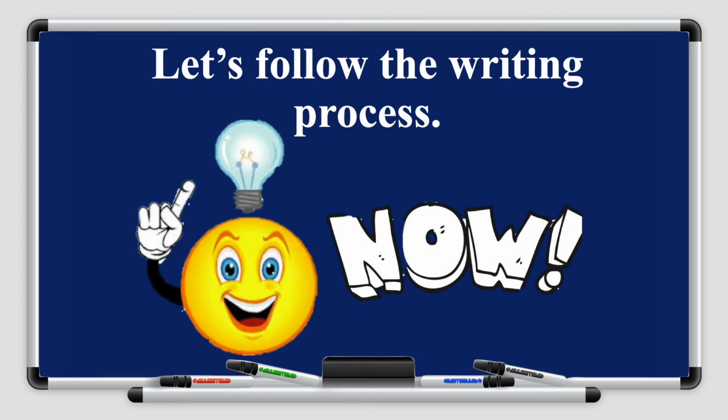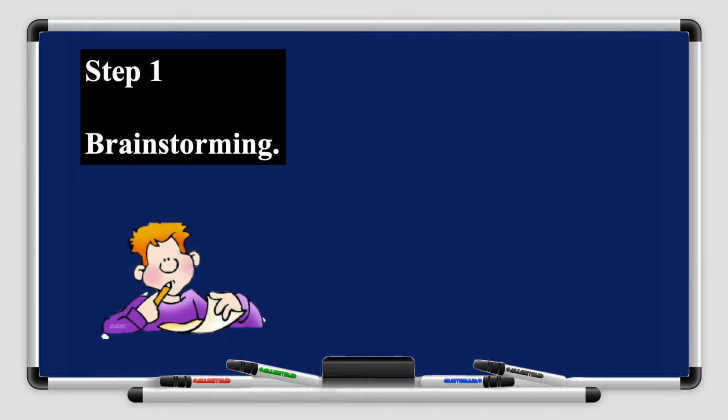Remember, we have 3 steps in writing our paragraph. At the beginning, we have to brainstorm. In brainstorming, we have to write all the ideas that come to mind in relation to my topic. So if my topic is about a cat, anything that is related to cats goes in my brainstorming.